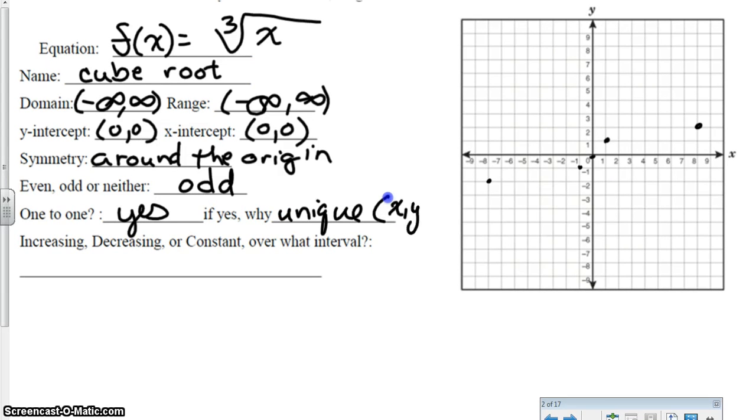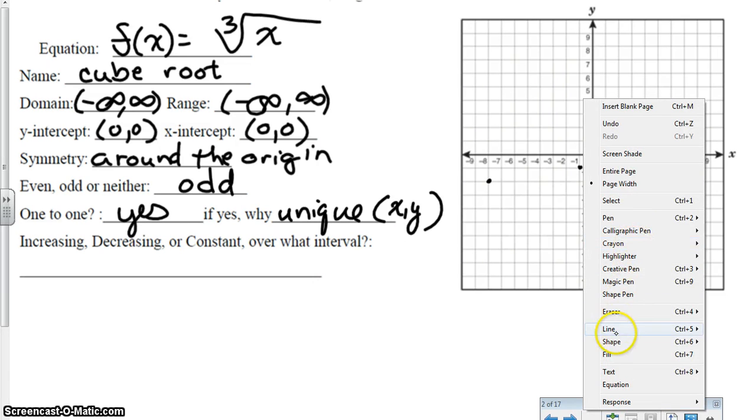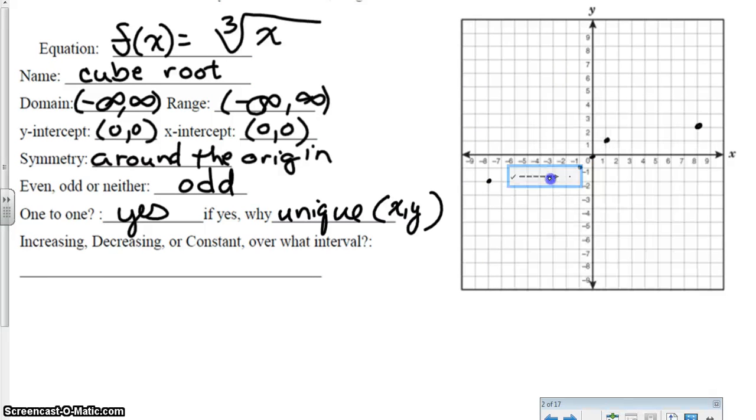All right, so what about increasing and decreasing and over what interval? Well, if you notice with this parent function, if I were to draw a linear function that kind of mimicked this, I would notice that even though it's kind of shallow, it is increasing.